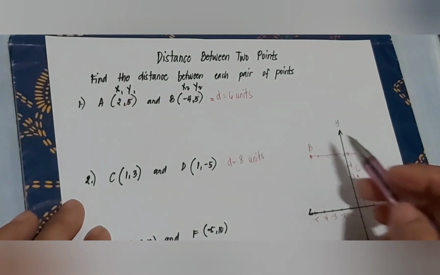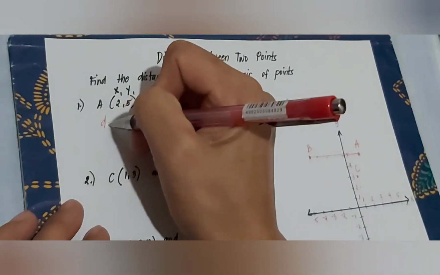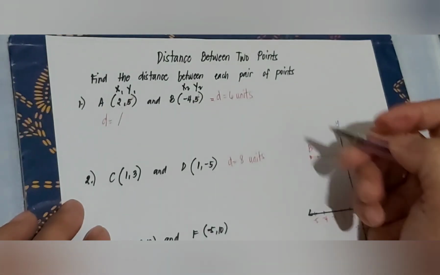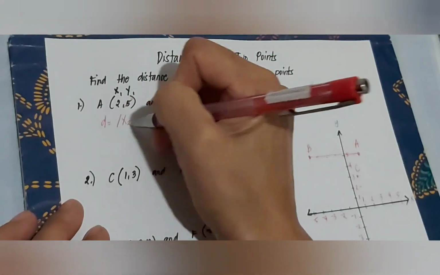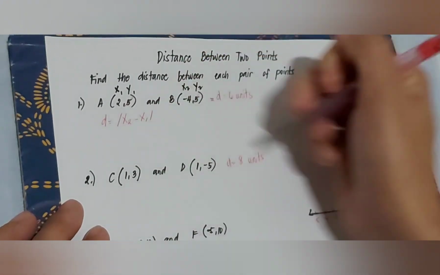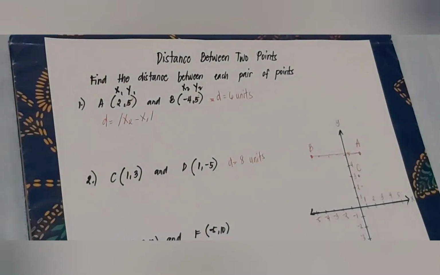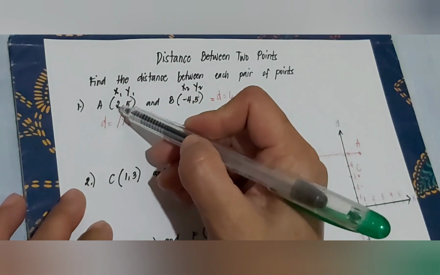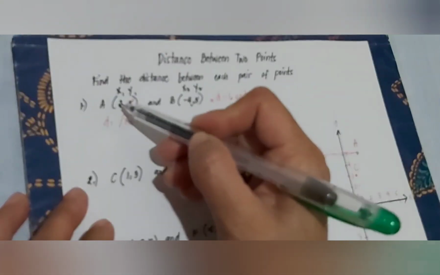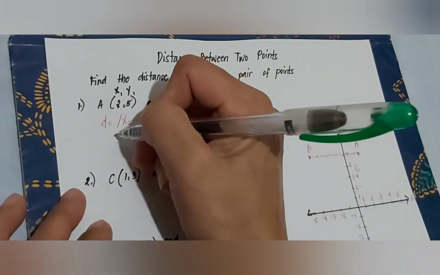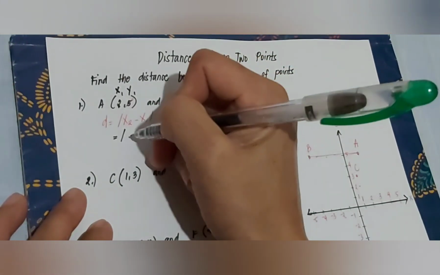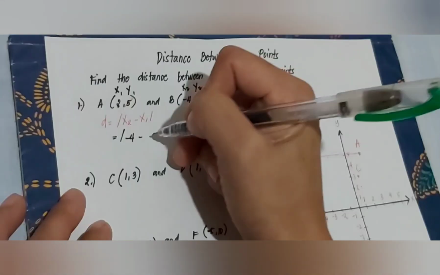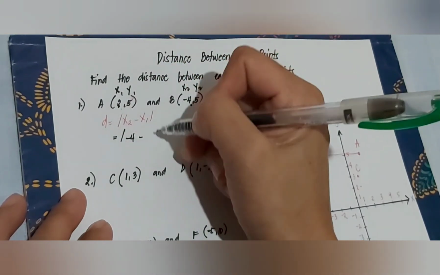Now, in this case, it is easier to say that the distance is the absolute value of x sub 2 minus x sub 1. Okay? X sub 2 minus x sub 1. Try natin. Ang x sub 2 natin ay -4, tapos positive 2 ang x sub 1. Substitute ko muna. -4 minus positive 2.